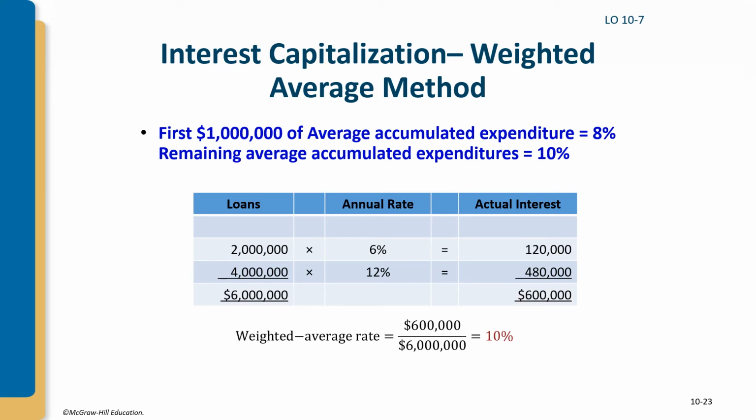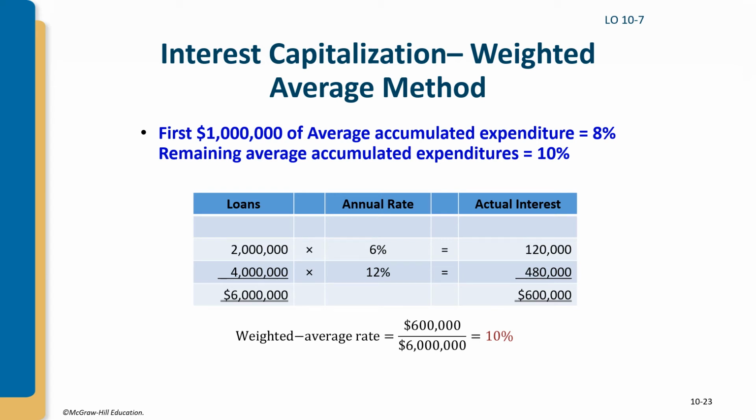So when you calculate your average weighted accumulated expenditures for the year, the first $1 million of them, you will use an 8% interest rate to calculate the interest. If your average accumulated expenditures are above that 1 million, you will use a weighted average interest rate to calculate the remaining interest.